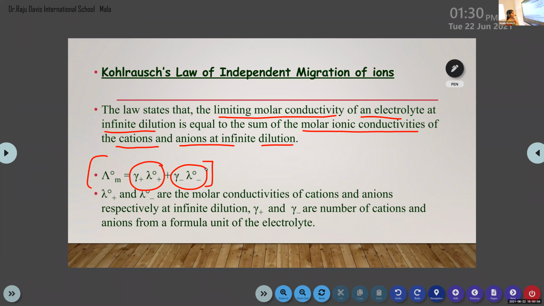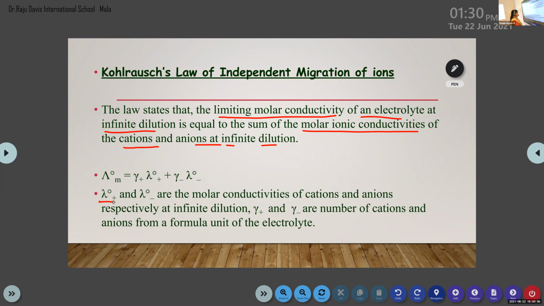This one is for anion. Nu, not mu: mu starts with m, and this one is nu. So this is the equation: lambda m0 is equal to nu plus lambda plus 0 plus nu minus lambda minus 0.